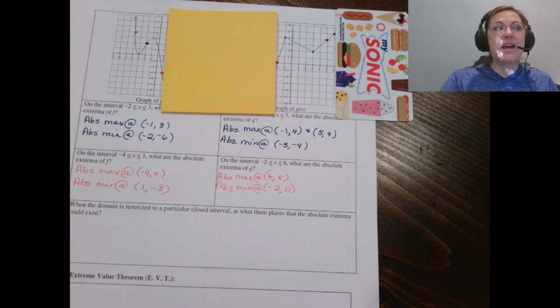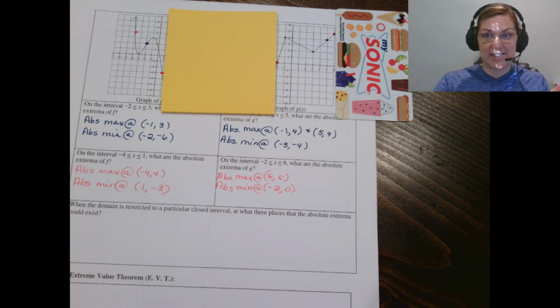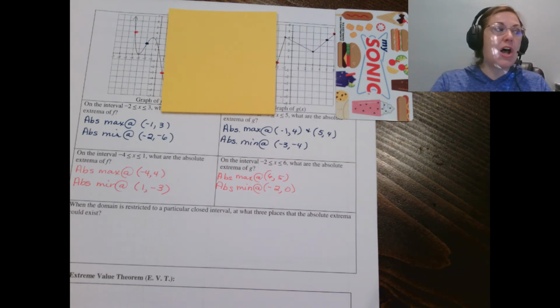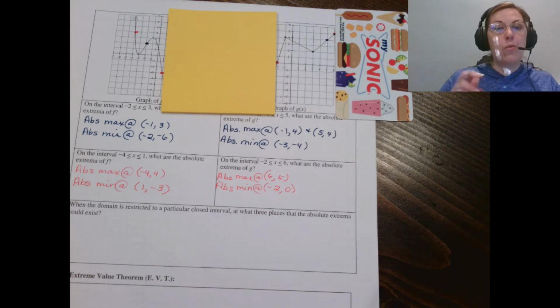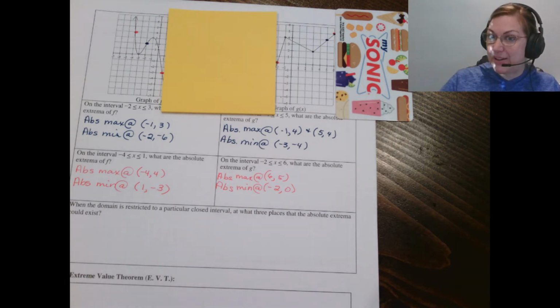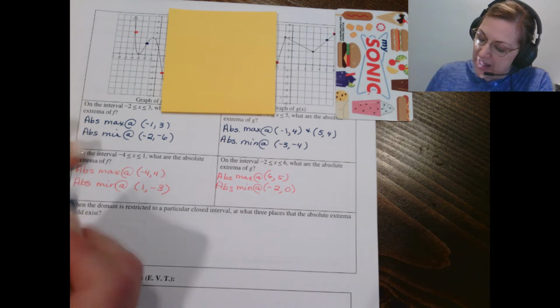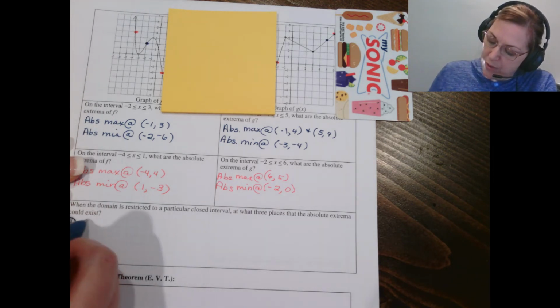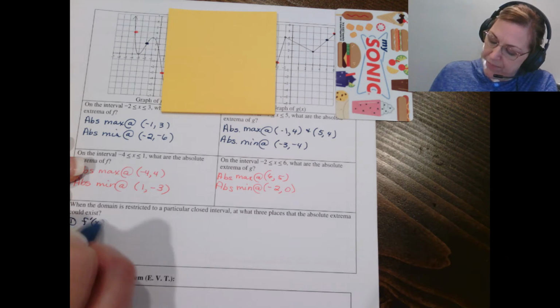All right, so now this good question. It says, when the domain is restricted, like each of these examples, when it was restricted on a closed interval, what 3 places could the absolute extrema exist? So it could exist where the derivative equals 0.